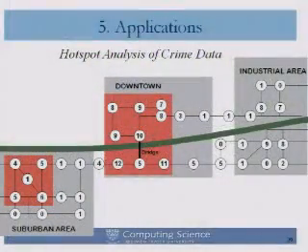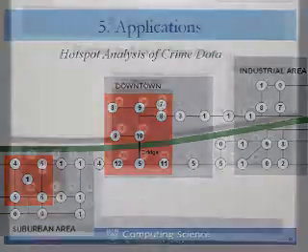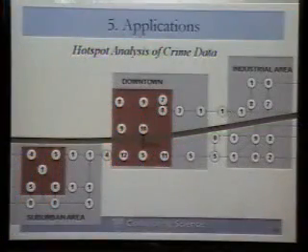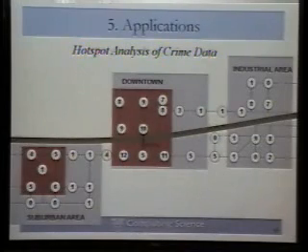Joint cluster analysis could find us these two connected areas of high crime spots. Note that this area here in downtown is connected via this bridge across the river. The surrounding areas would be partitioned into connected components of lower crime rates.